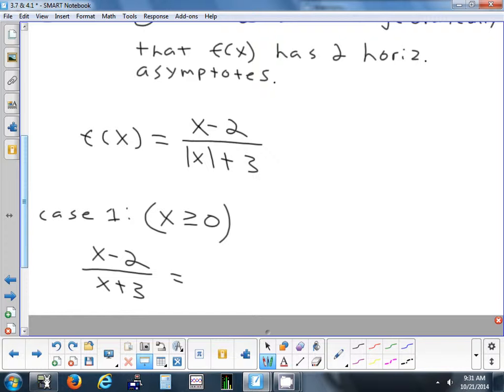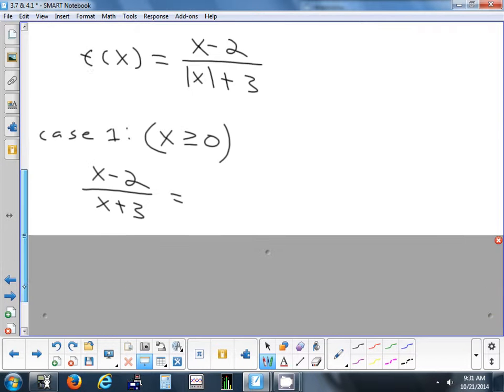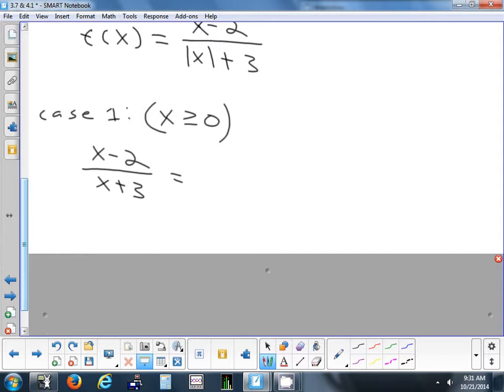All right. Now, this isn't written in standard form. What we have to do to get it in that standard form is either use long division or synthetic division. This is a pretty small problem, so we'll just use long division.